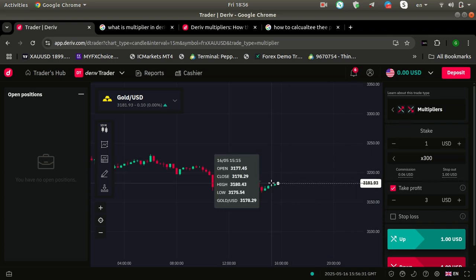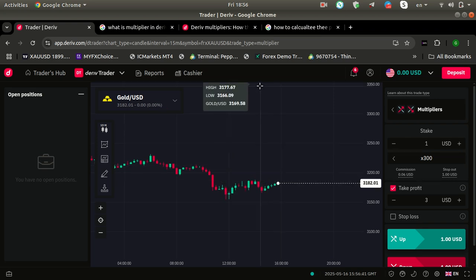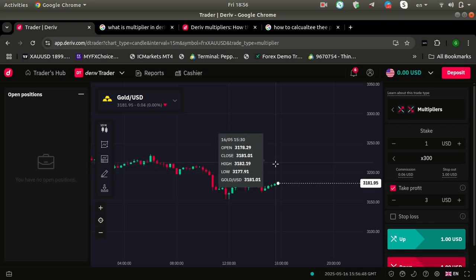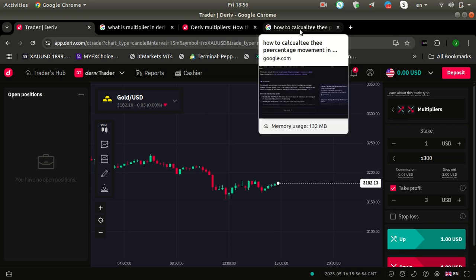So one thing you might be asking yourself is, how do you know that the price has gone 1% up or 2% up, 3% up? So how do you calculate the percentage difference that the price has gone? So I went ahead and googled that for you.